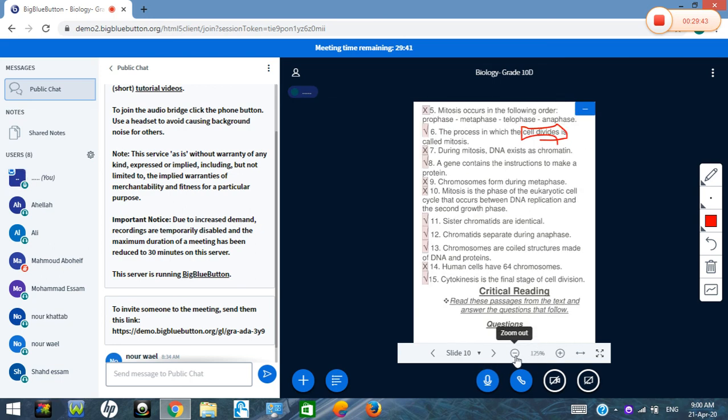During mitosis, DNA exists as chromatin is wrong. DNA exists and appears in the shape of chromatin in interphase, not mitosis. Interphase, not mitosis. Okay.